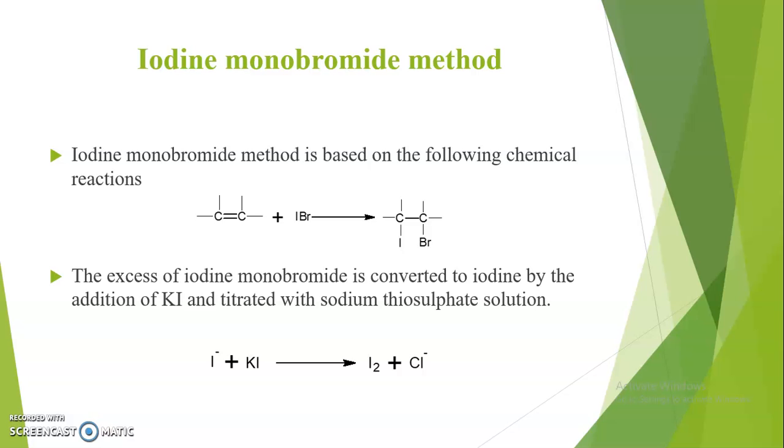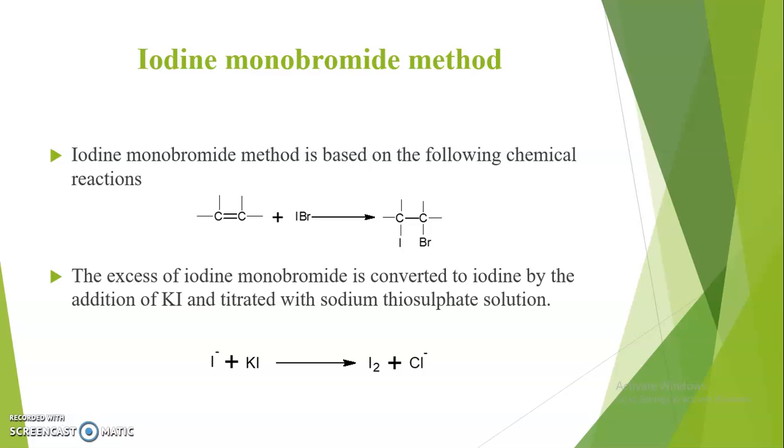We add the starch towards the end of the titration, because this iodine-starch complex is a little stable. That's why, in iodometric titrations, we always add the starch indicator towards the end of the titration. First, starch will form the blue colored complex with our iodine.